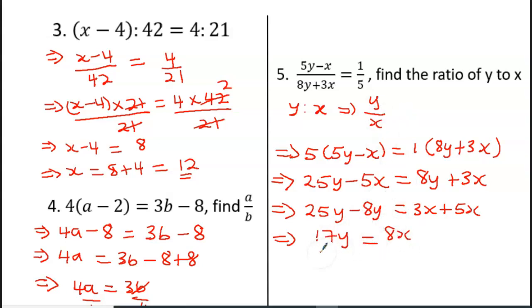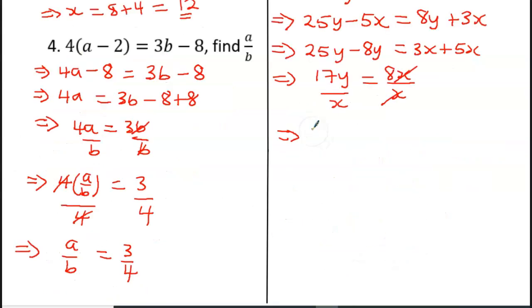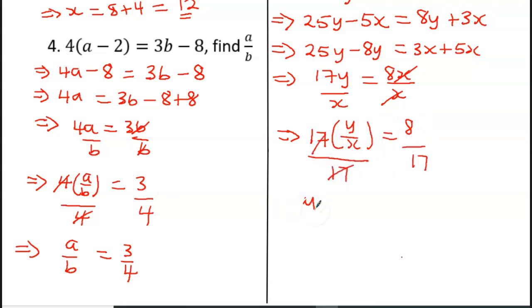So first divide both sides by y. No, it's y on x. So we divide both sides by x rather. So we have 17y over x is equal to 8. Divide both sides by 17. Y on x is equal to 8 over 17.